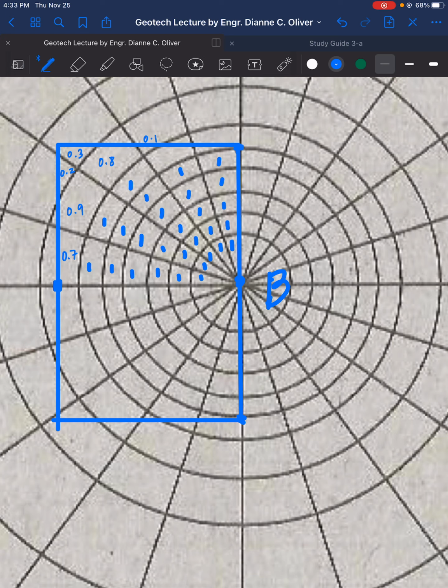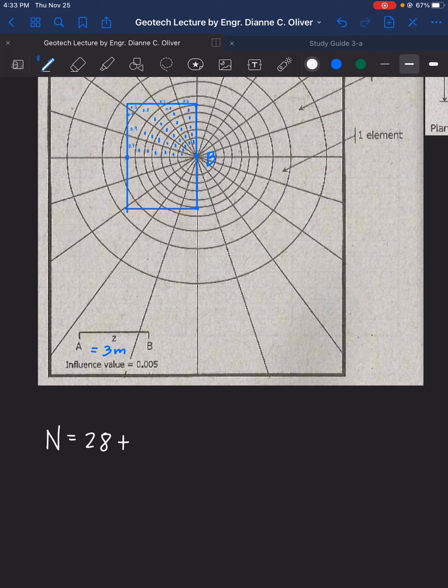Then this is 0.8, say 0.8. Then maybe this is 0.2. Yeah, maybe that's 0.2. Okay, so let's count again.